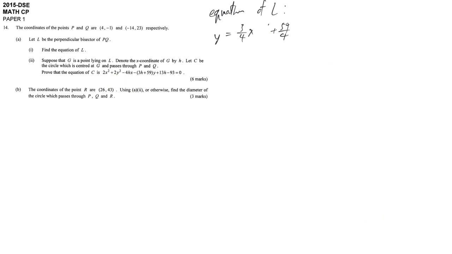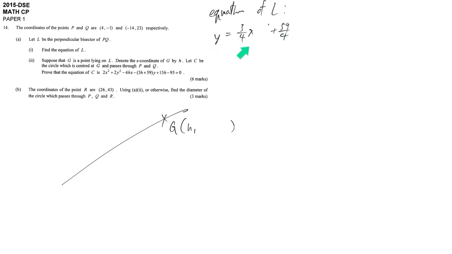After that part, now they're asking about G, a point lying on L. So L is like this, and then there is a point G, and the x coordinate of G is h. The first thing in your mind is you already know the relation of x and y on this line. They say that G is lying on this line.